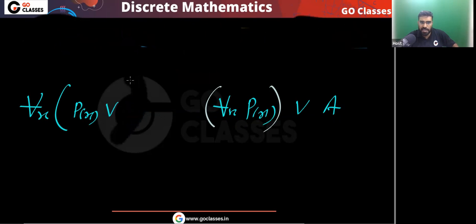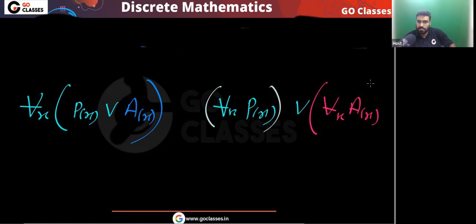If this a has a free variable x, then can I say they are equivalent? Here this also has free variable x, this also has free variable x. So in this situation, they are not equivalent, correct?